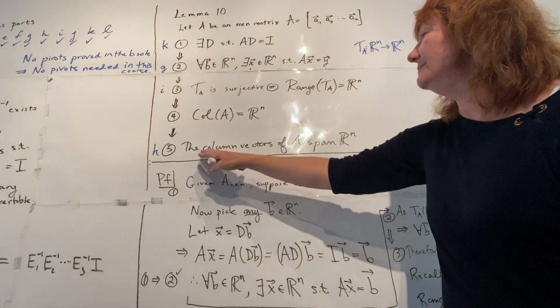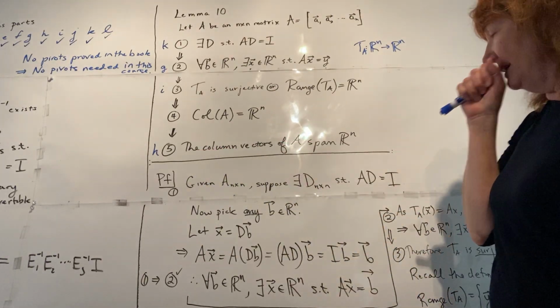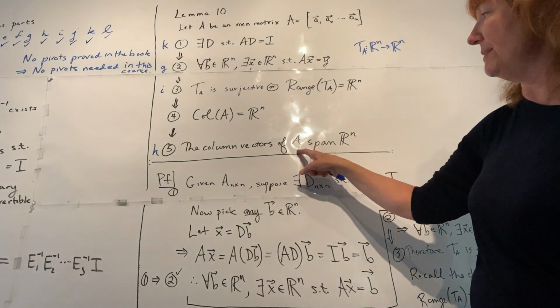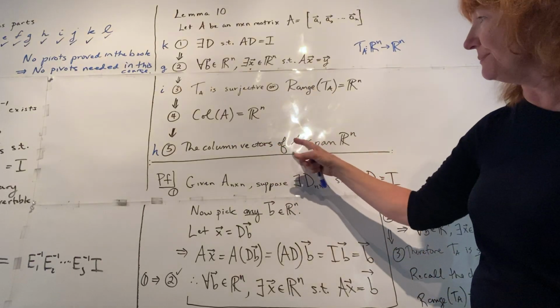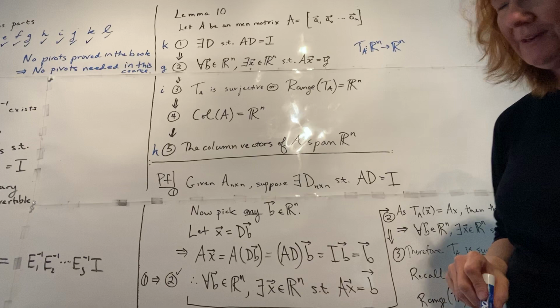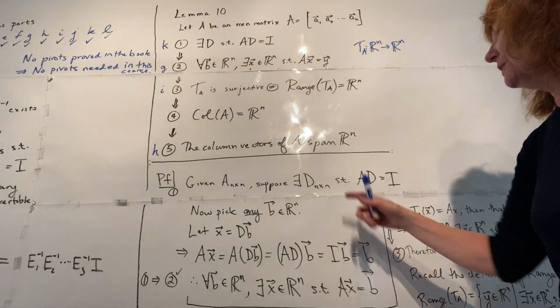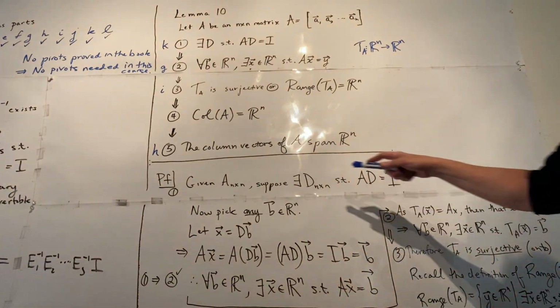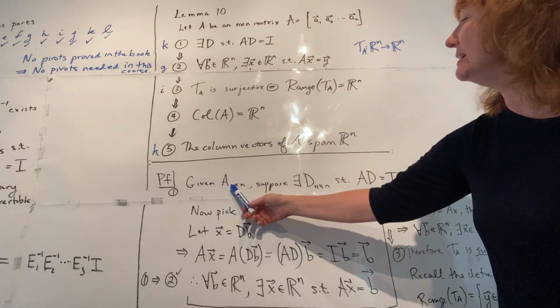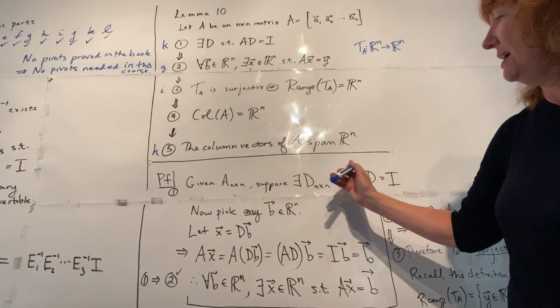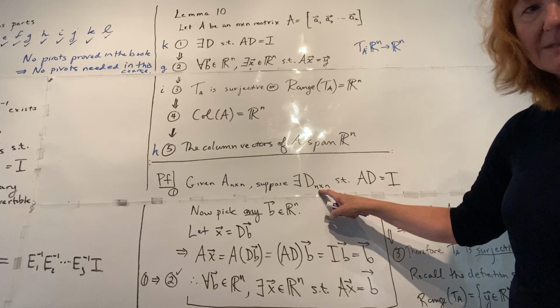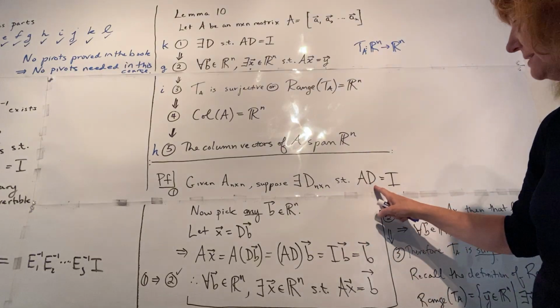And of course, part of that is the statement that therefore the column vectors of A must span Rn. We're going to come back and use that property very nicely soon. What about their proofs? Well, let's see. So we're just supposing in the beginning that we have a square matrix, and suppose that there does exist some matrix D that acts like its right inverse.